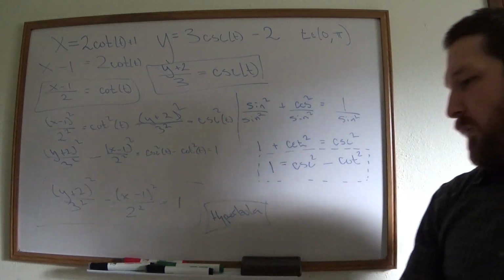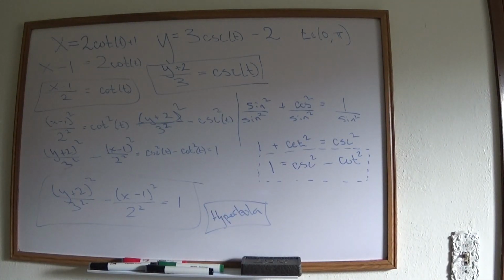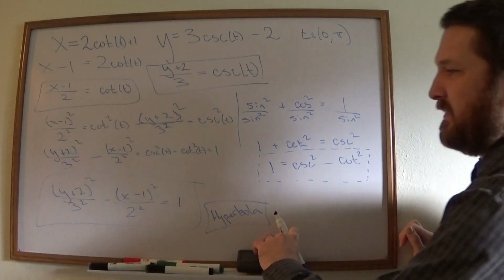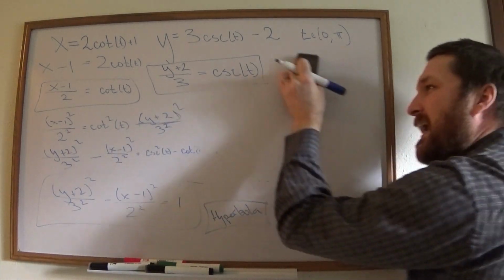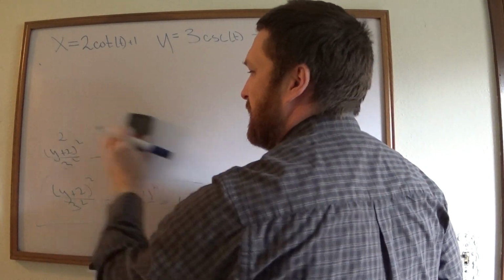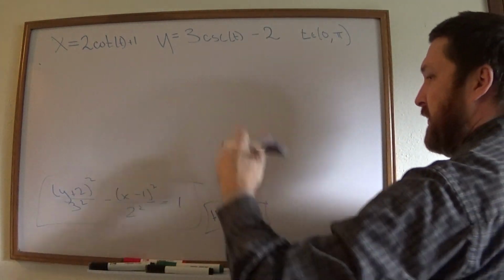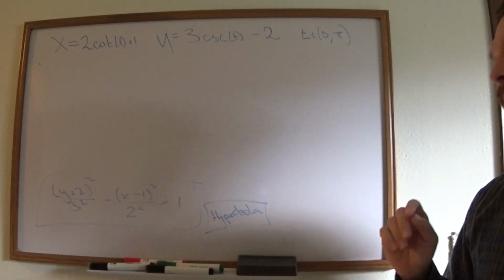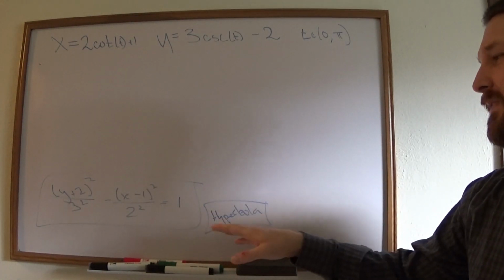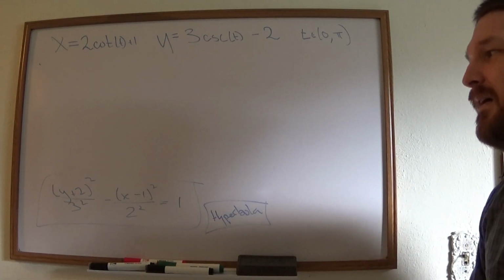Now, since we're reviewing for something, let's go ahead and graph it. Does anybody remember how to graph these things? We'll first figure out which way it opens. I'm not going to tell you to graph a hyperbola, but let's do it anyway.